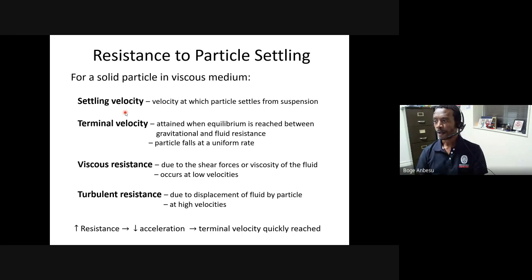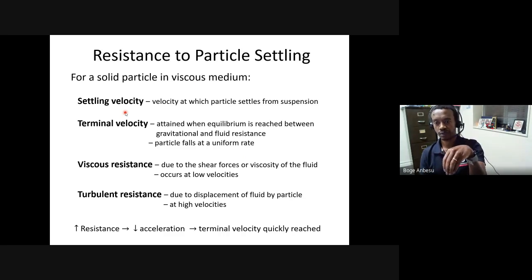For example, if you're looking at settling velocity, you're just measuring how fast particles are settling, the velocity at which particles settle from a suspension. And that velocity will depend on a number of factors, for example, how easy it is for the particles to pass through. Terminal velocity is attained when a particle passes through a classifier or a separator, falling from the top, obviously under the influence of gravity.